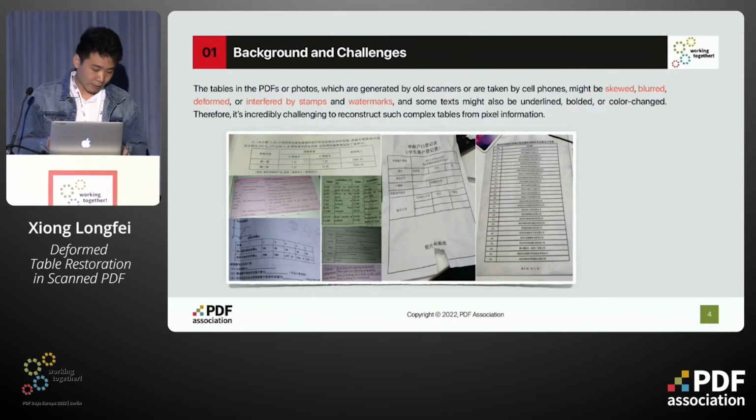Let's say coffee stains on paper. Some table text may have styles and colors, and be underlined or bordered. What's more maddening is sometimes you may also see several small tables nested within a larger table. Anyhow, it's incredibly challenging to reconstruct such a complex table from pixel information.